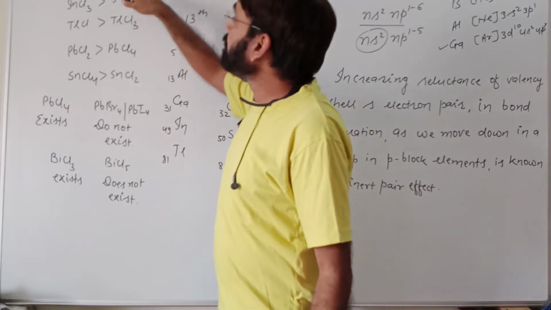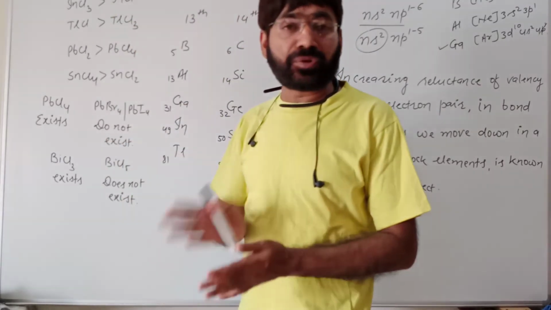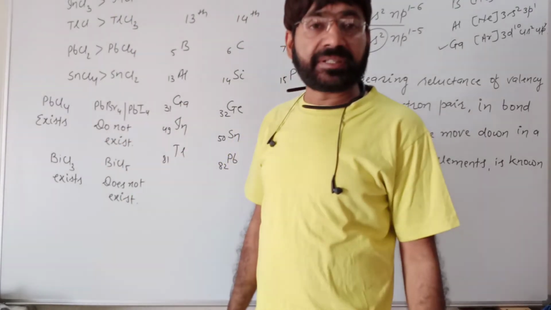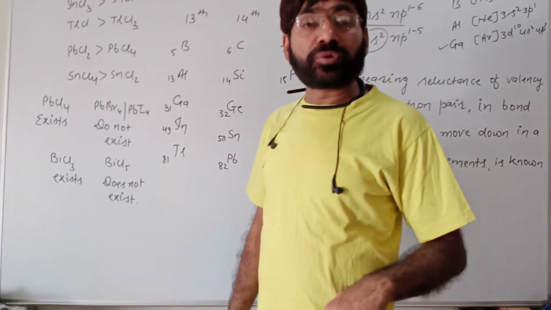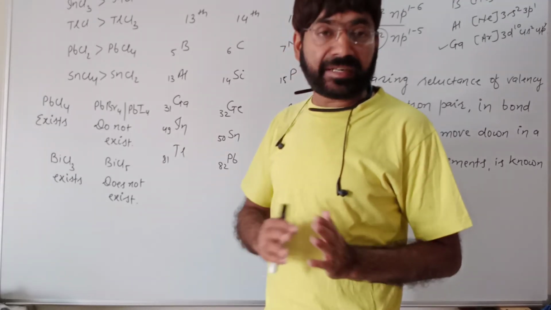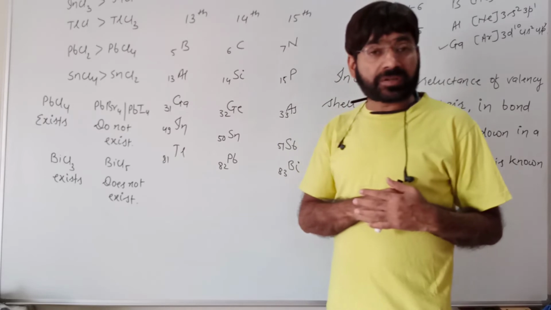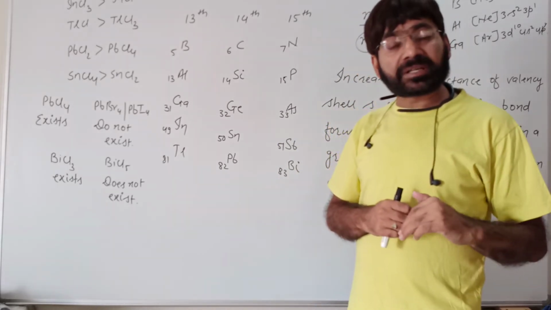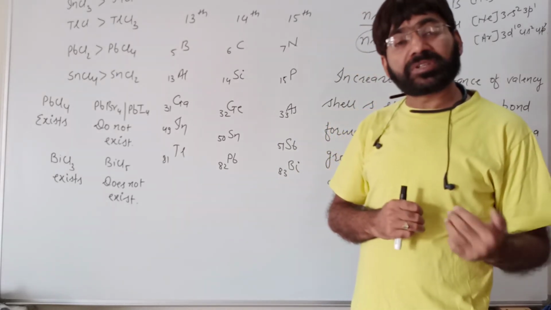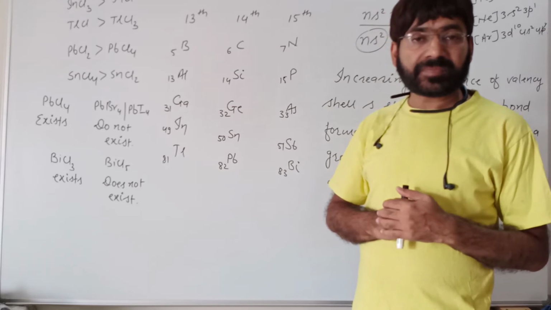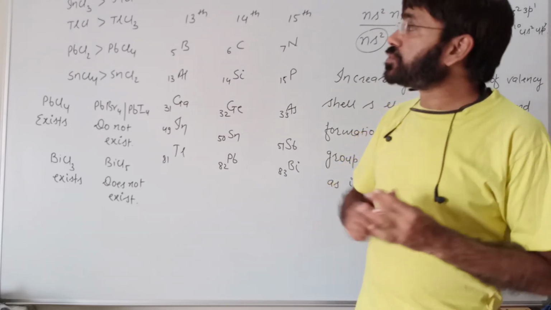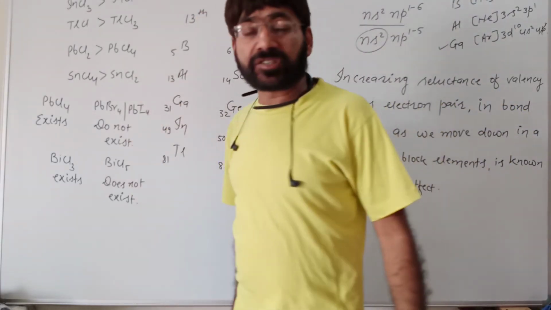So if they are given in +1 oxidation state, they will try to enter into +3 oxidation state. That means they try to get oxidized, and the species which are undergoing oxidation cause reduction of the neighboring species. Is that clear to all of you? So GaCl and InCl function as reducing agents.